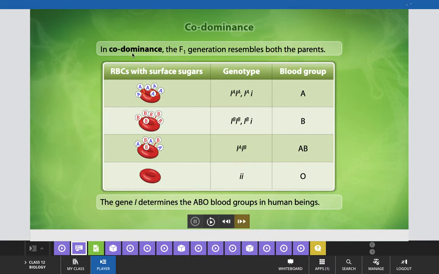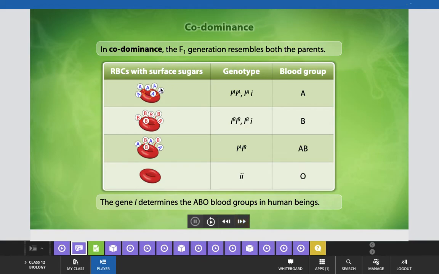In codominance, the F1 generation resembles both the parents, meaning both the alleles express themselves in the offspring. Like in the case of human blood group, you can see here RBCs with surface sugar showing two different blood groups, blood group A and blood group B.